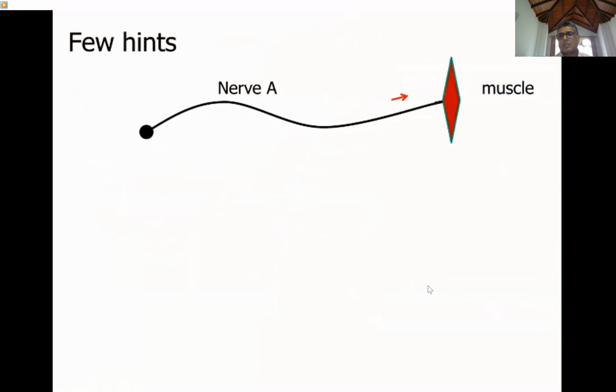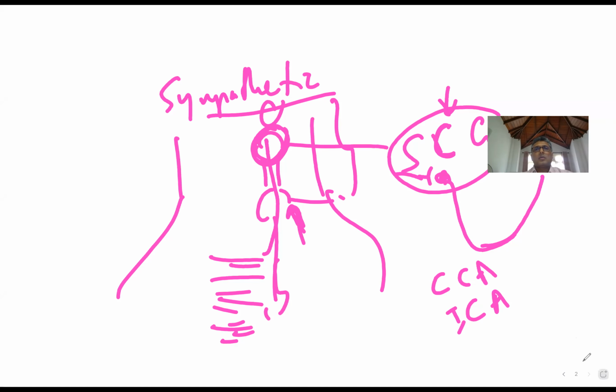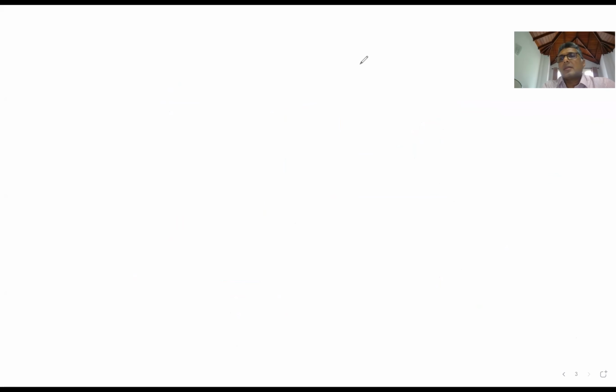I will give you a few hints about the arrangement of cranial nerves, so that when we discuss each cranial nerve, you can easily understand the points related to it. Coming back to a small discussion again, when it comes to different nerve fibers, you have motor nerve fibers, then you have sensory nerve fibers.